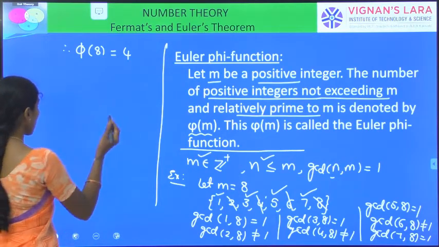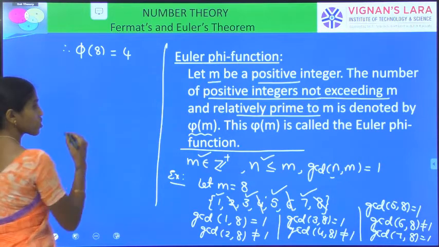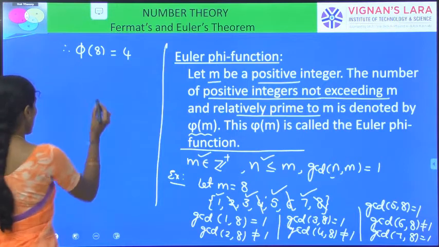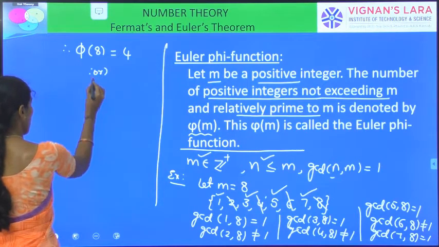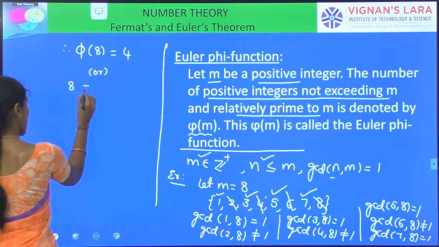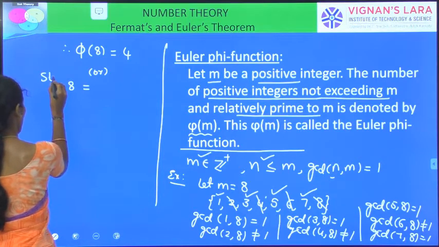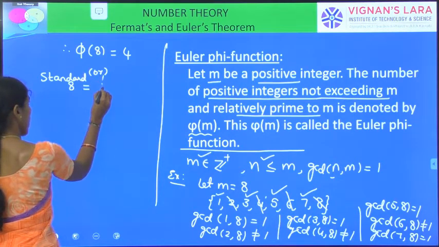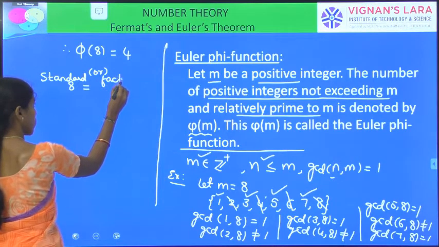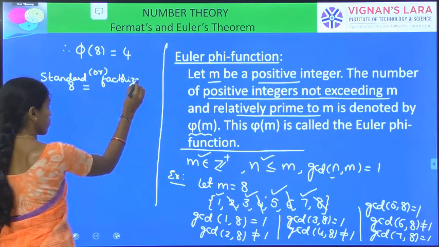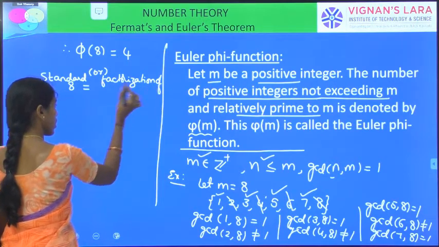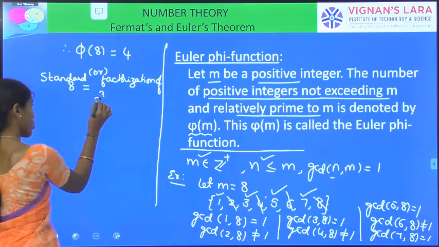Because it is difficult, we follow one technique. Using the prime factorization method, we can calculate it, right? So, first express 8 as prime factorization or standard factorization. So, standard factorization of 8 is equal to 2 cube, right?